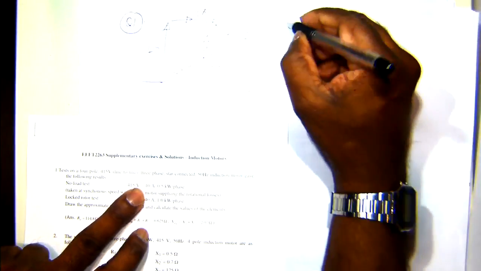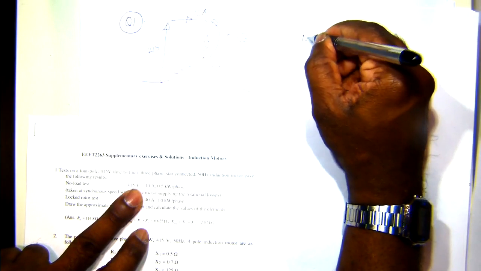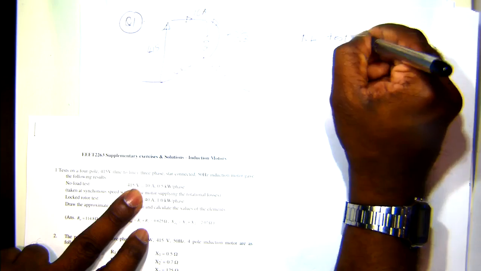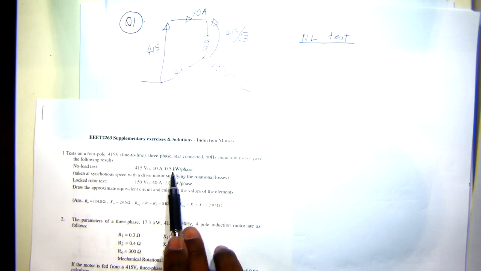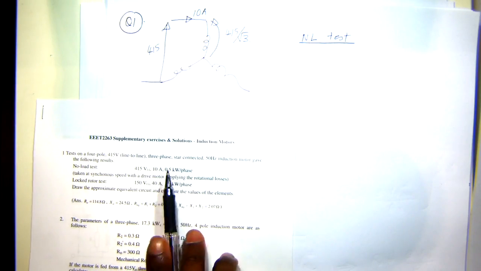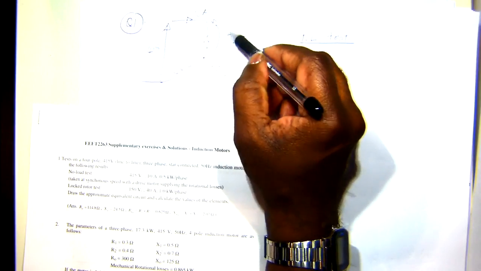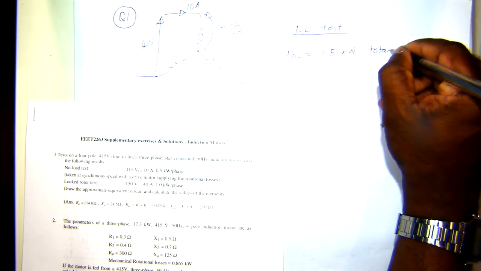This is for the no load test. It consumes 0.5 kilowatt per phase. So one phase consumes 0.5, and P no load, the total power, will be 0.5 times 3, which is 1.5 kilowatt.